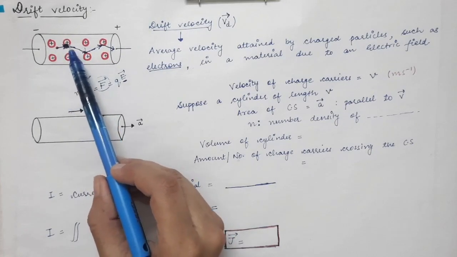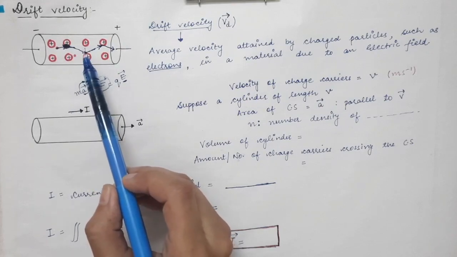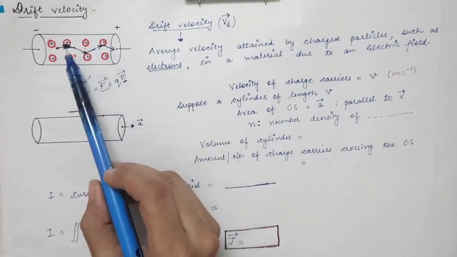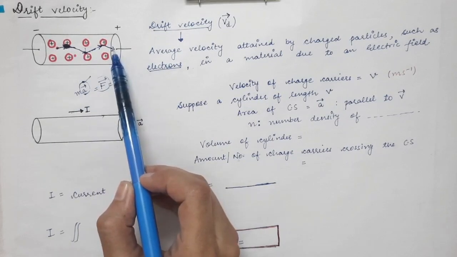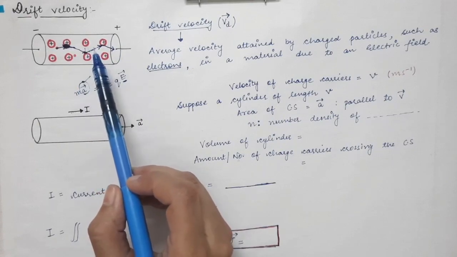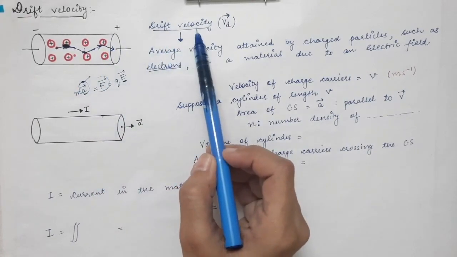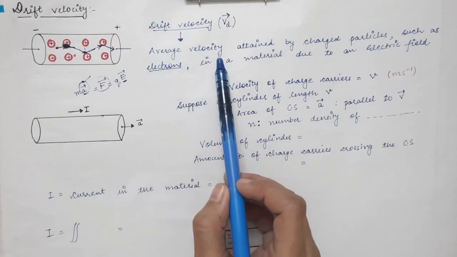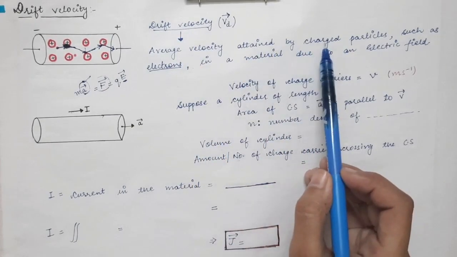So there are a lot of velocities that the electron has during its path along the length of the conductor. We take the average of all those velocities, and that average is termed as drift velocity. So drift velocity is the average velocity which is attained by the charged particles.